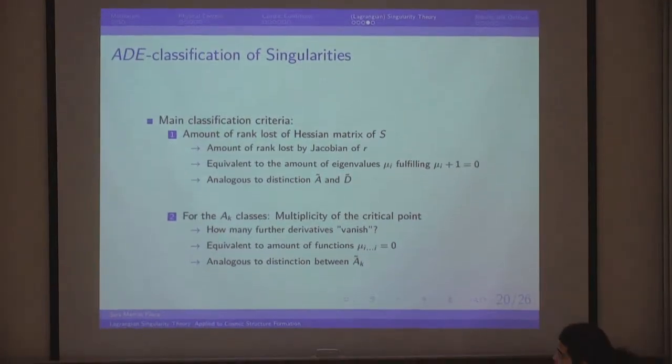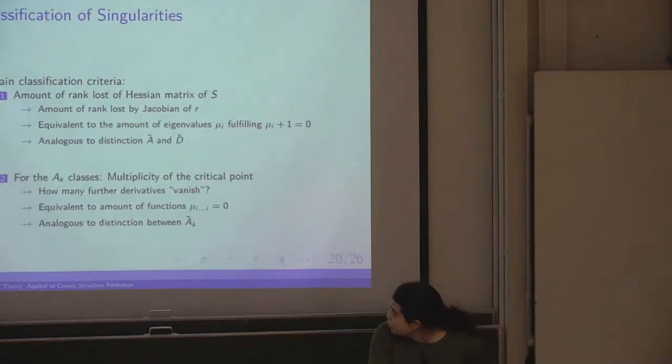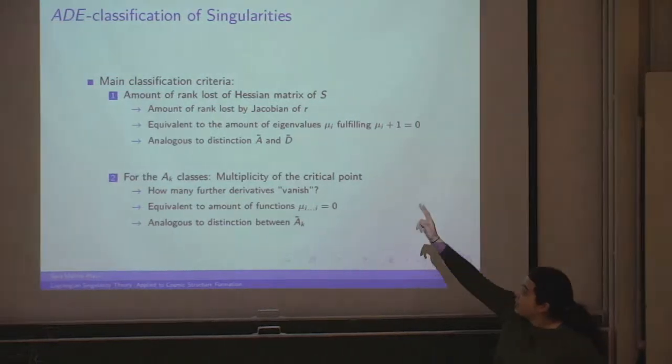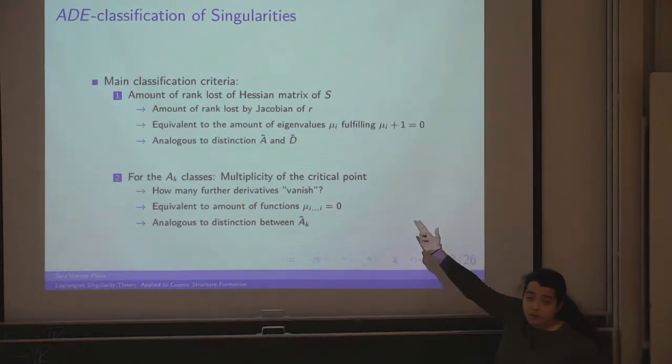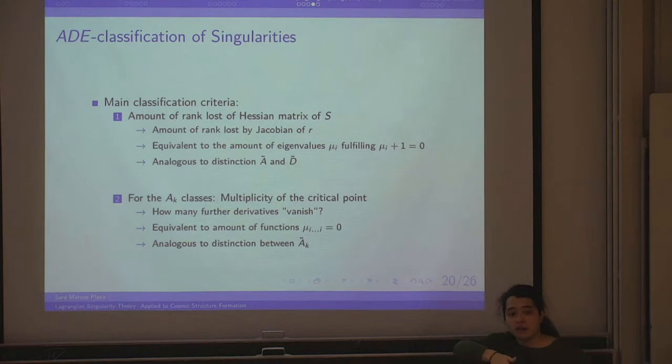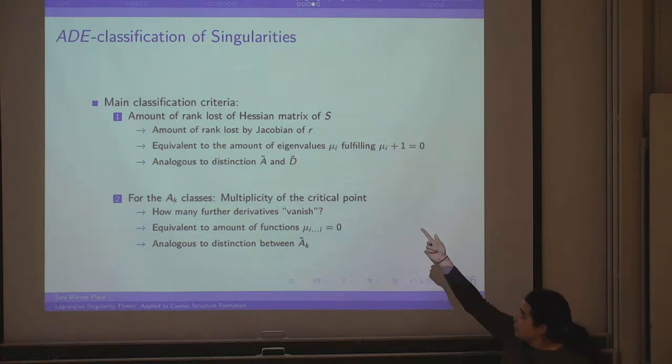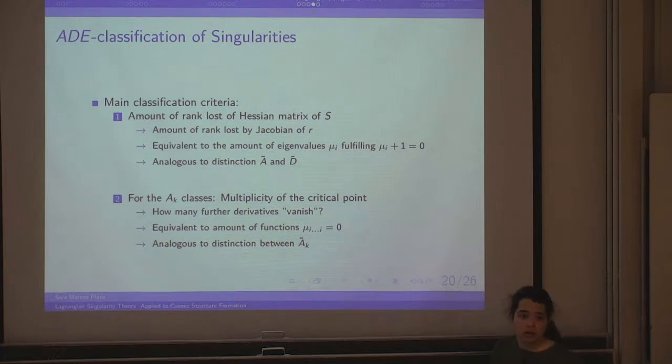For the D classes, the ADE classification gets more complicated, as does the case for the caustic conditions. If you are interested in that, I can give you sources, but I didn't prepare it for this presentation because it would take too long.